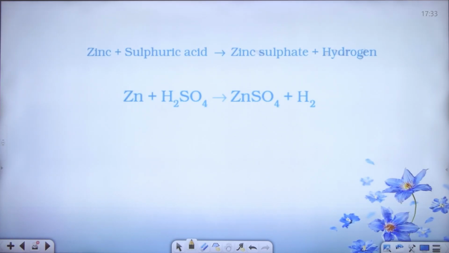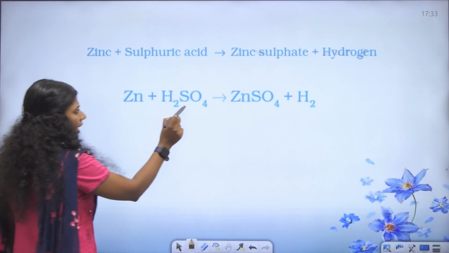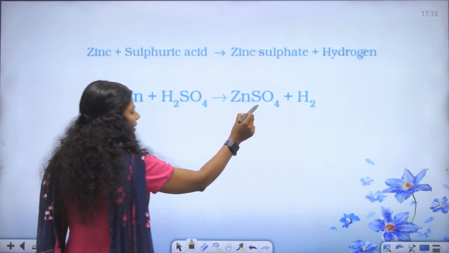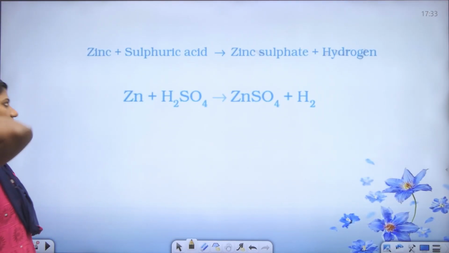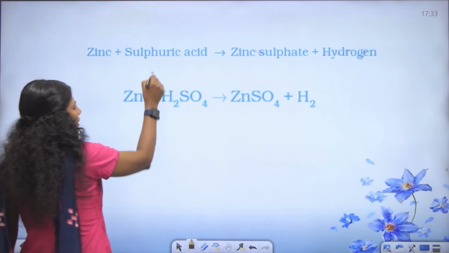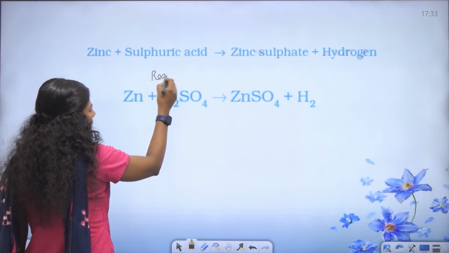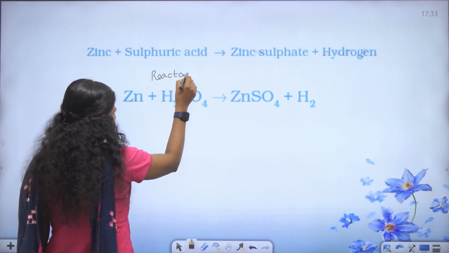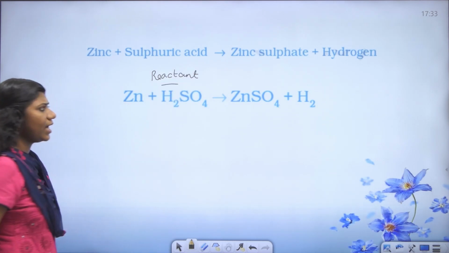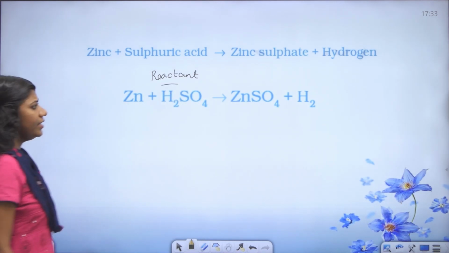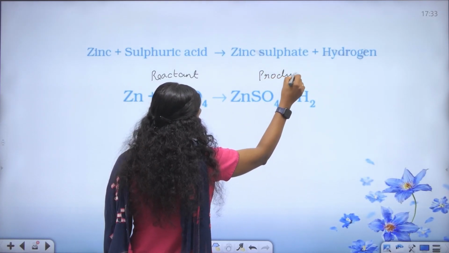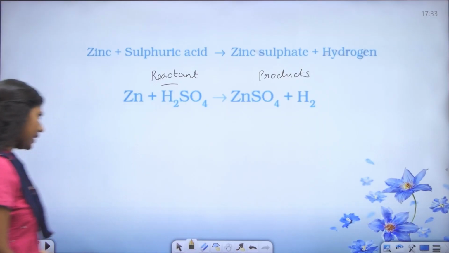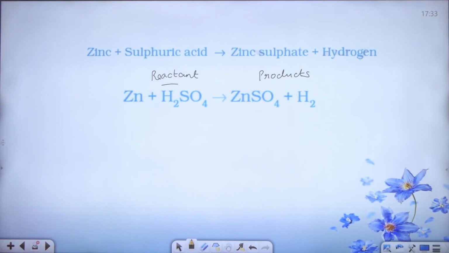Zn is zinc, H2SO4 is sulfuric acid, ZnSO4 is zinc sulfate, H2 is hydrogen gas. Zinc and sulfuric acid are reactants. Zinc sulfate and hydrogen are products.